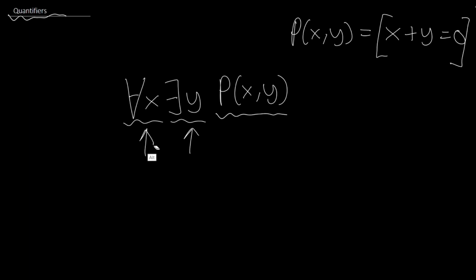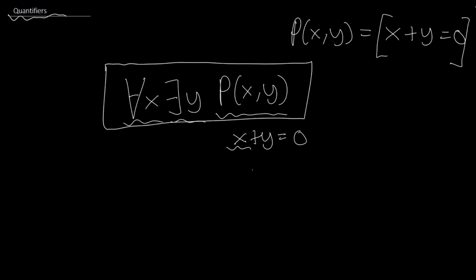So let's retry this once again. For all values of x, there exists at least one value of y such that x plus y is equal to 0. Alright, so what does this statement really mean? This means that I can pick any value of x from my universe of discourse, and there will always exist at least one y value which satisfies this equation.